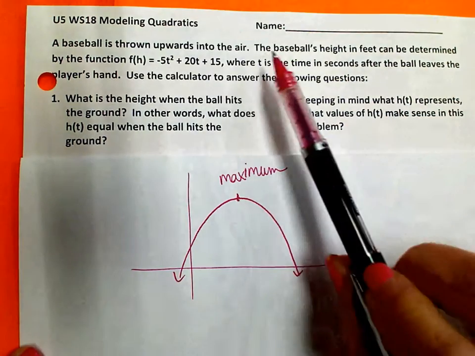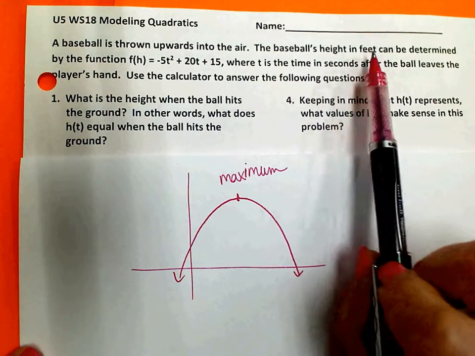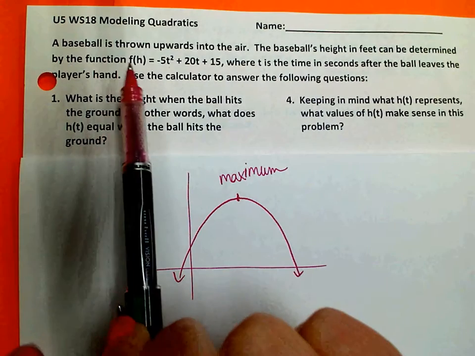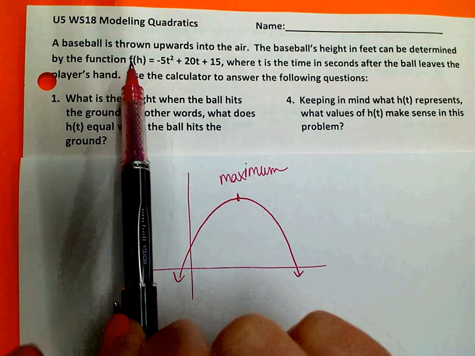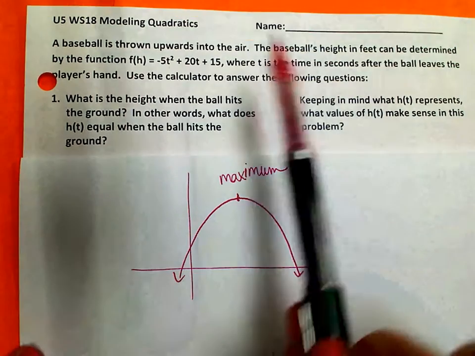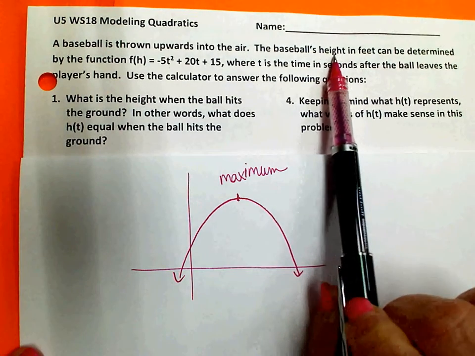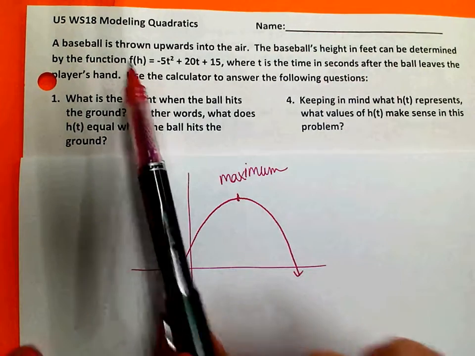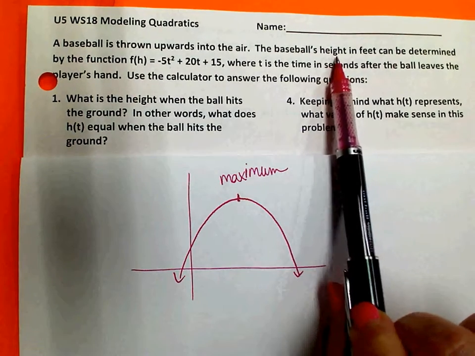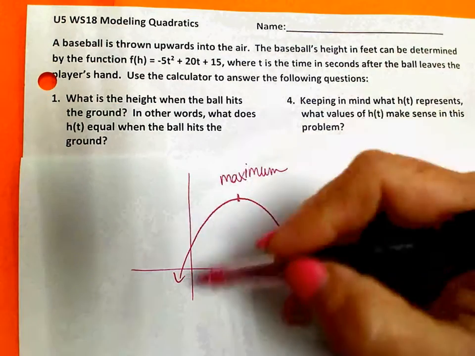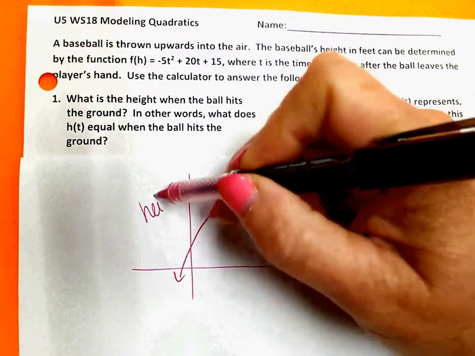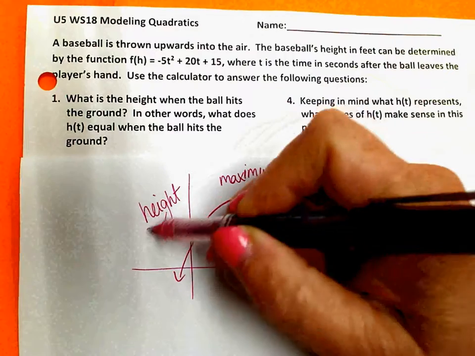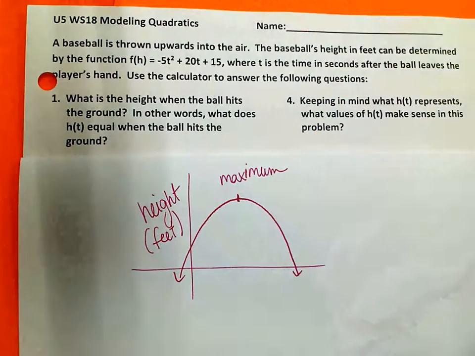Okay, then they tell us that the baseball's height in feet can be determined by this function, f of h equals. Now, f of h, they're telling you the y value stands for height in feet. F of h means y, and they're telling you that's the height in feet. So I know on my y-axis, this represents the height in feet of the ball.